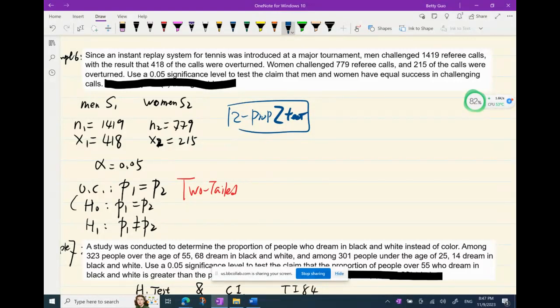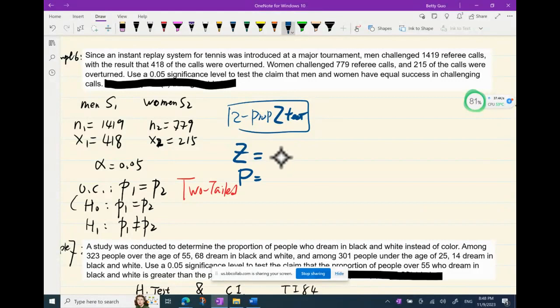Number 6, two proportion z test. x sub 1 is 418, n sub 1 is 419. Always please double check your answer. Calculate. This is my z, this is my test statistic.